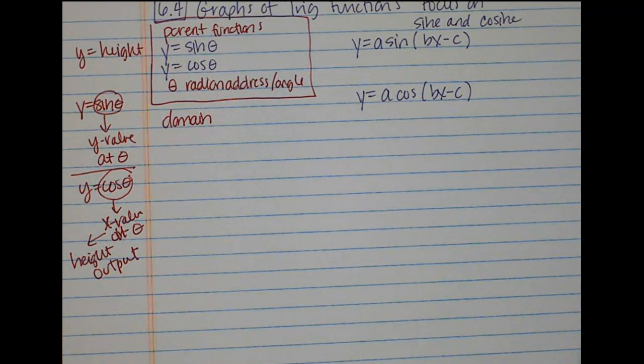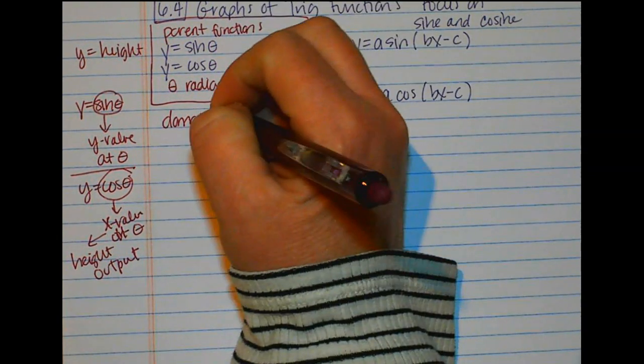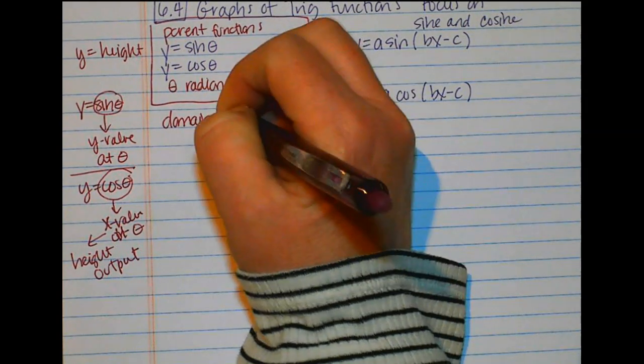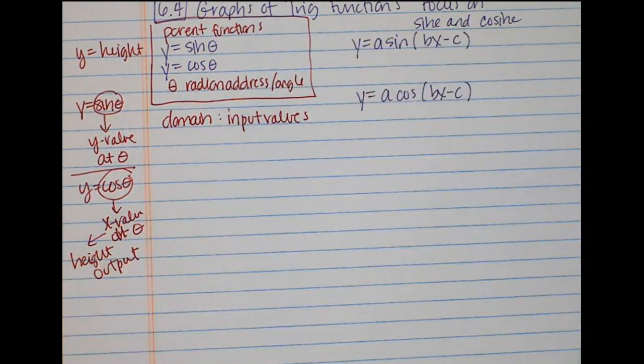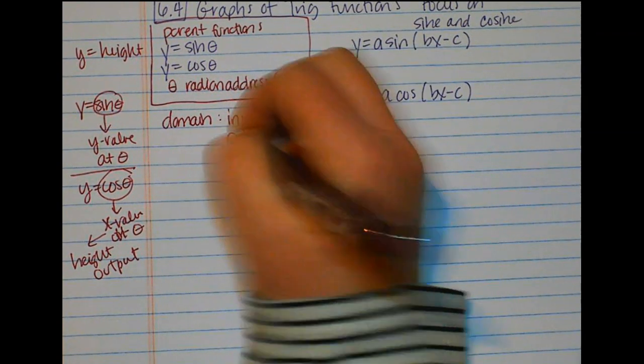Domain, by definition, are the input values. That's nothing new. In this particular group of functions, the input value is the theta, or the place on the unit circle. So it represents theta.